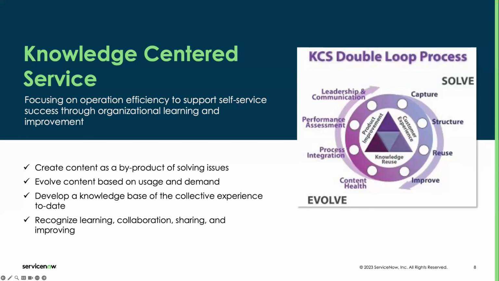And so we took a little excerpt, we changed around some of the verbiage here, but the idea is that we want to create content that solves a problem. We want to make sure that we evolve the content based on usage. We'll talk a little bit about that later. We want to make sure that we keep the knowledge base up to date with all of the collective experiences that we've had.